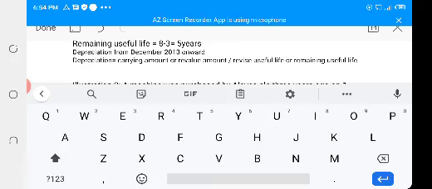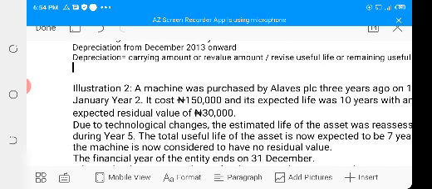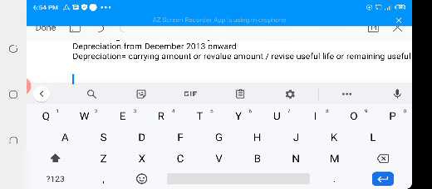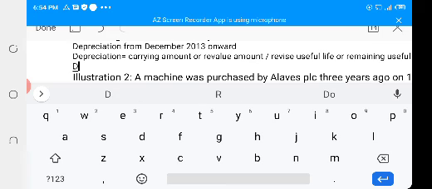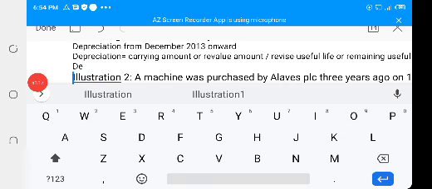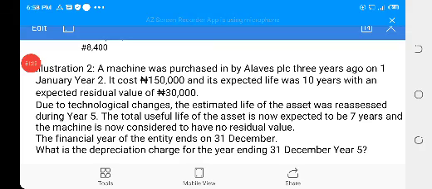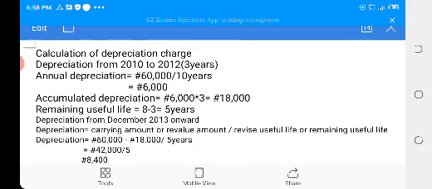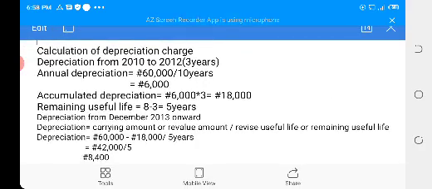So under this question, let's increase the font. Now the depreciation from December 2013 onward will be depreciation equals carrying amount or the revalued amount over revised useful life or the remaining useful life.